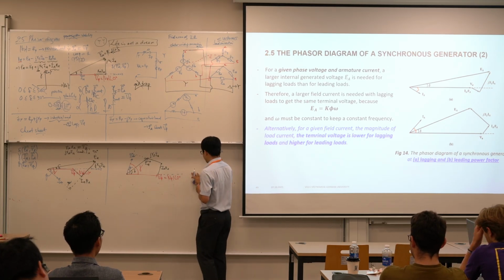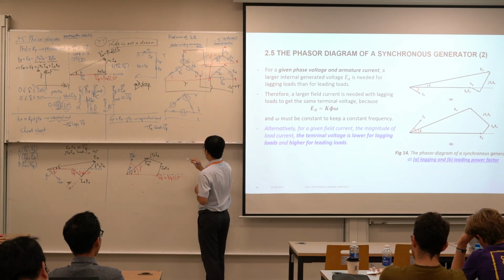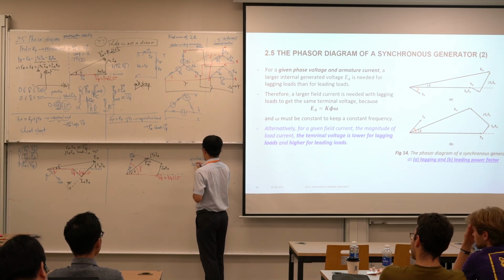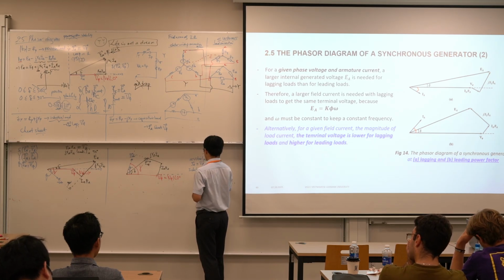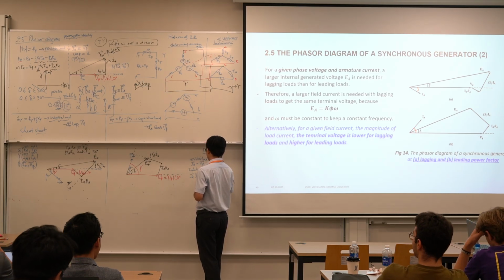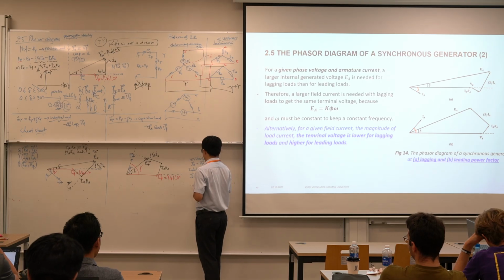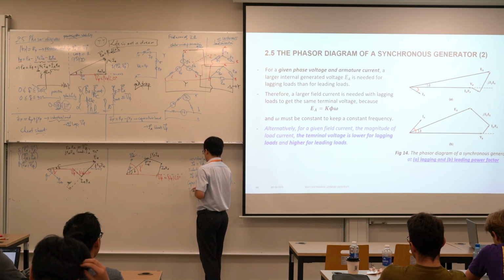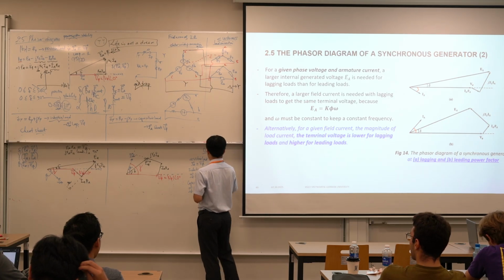So we have resistive load, where IA is in the same direction as V phase, and inductive load, where IA lags V phase, and capacitive load, where IA leads V phase.